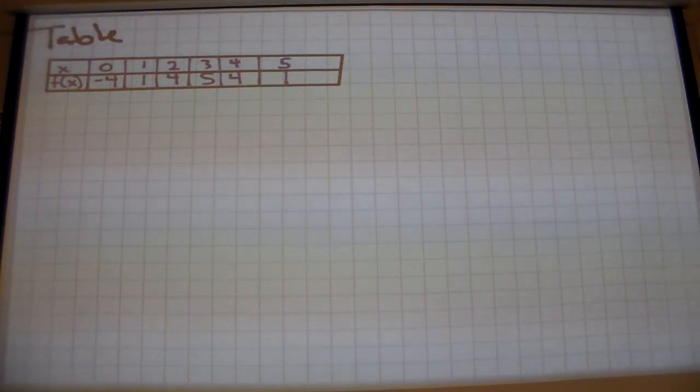Now, this reads horizontally. Your points would be 0, -4; 1, 1; 2, 4; 3, 5. You could draw a graph off to the side, graph it, and then pull the information.